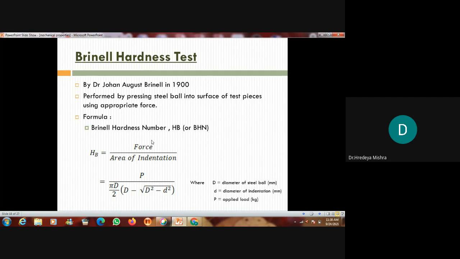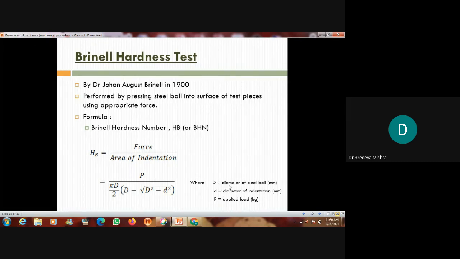So now HB equals 4 times the force we apply, divided by the area of the indentation, meaning where we apply the ball. See here, force is P, and there is capital D and small d.